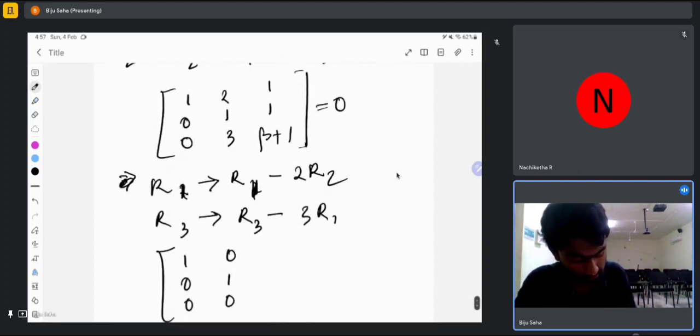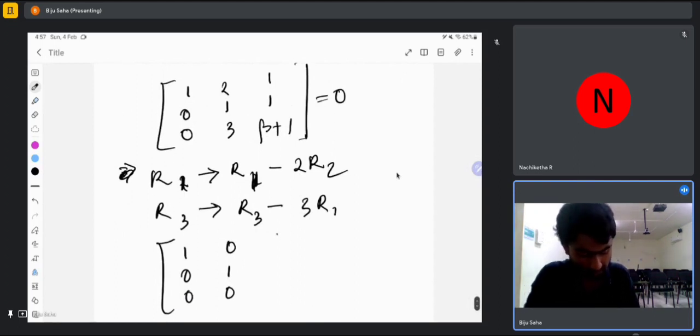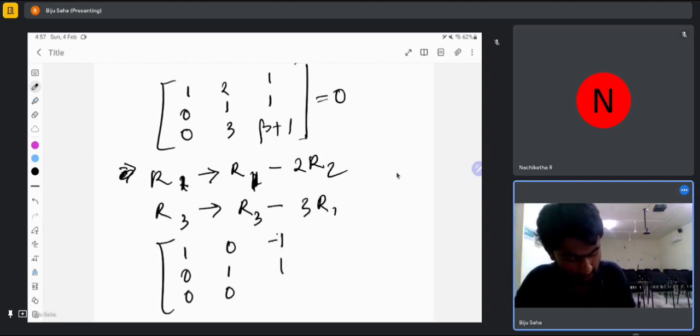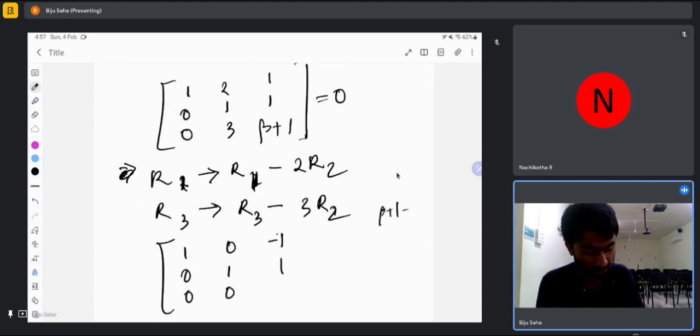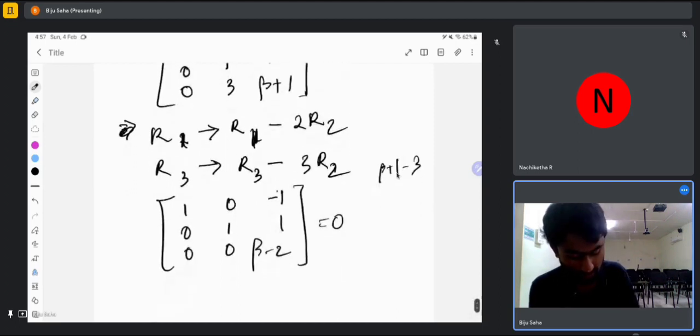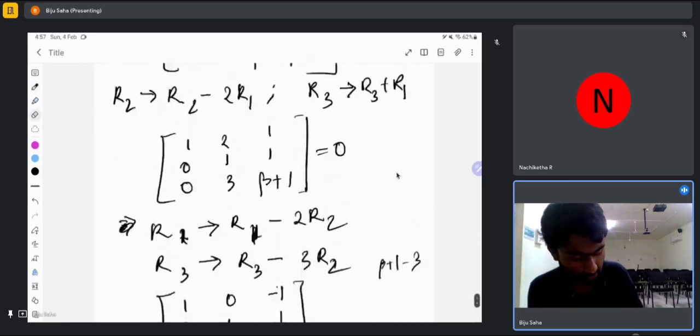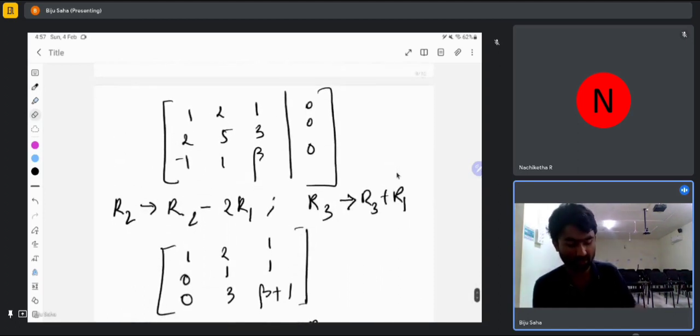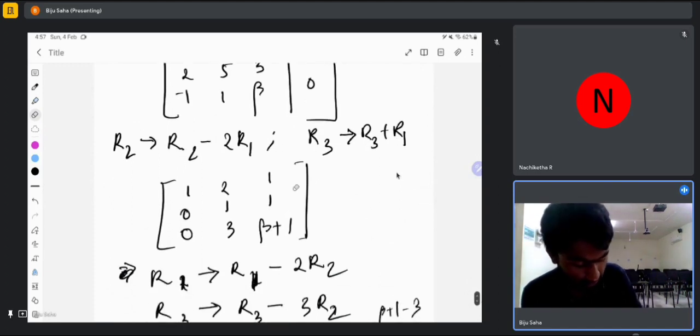And then it will be R3 minus 2 R1, so that would make minus 1, 1, beta plus 1, and beta plus 1 minus thrice of R2. So this was the augmented matrix, and this was the matrix of coefficients.